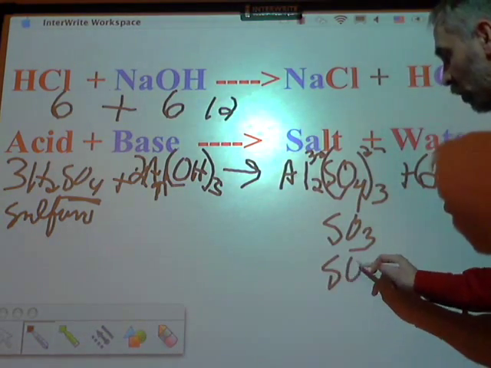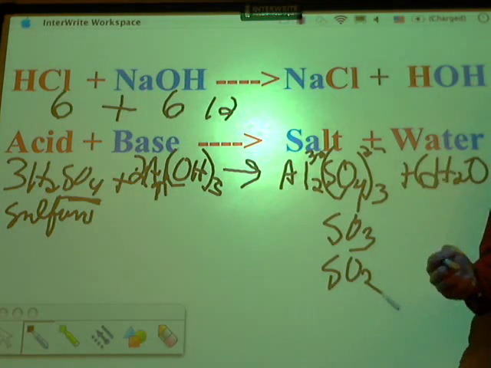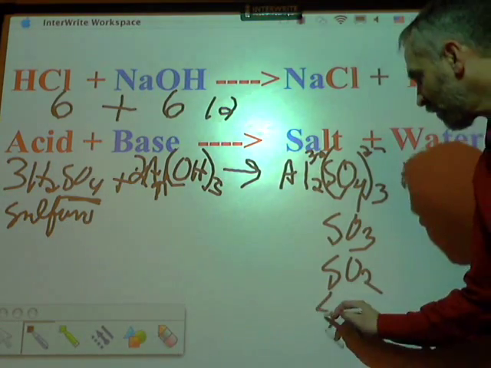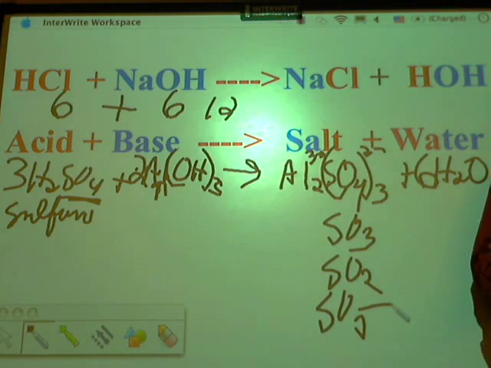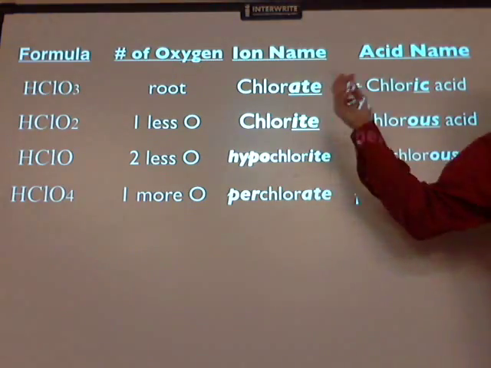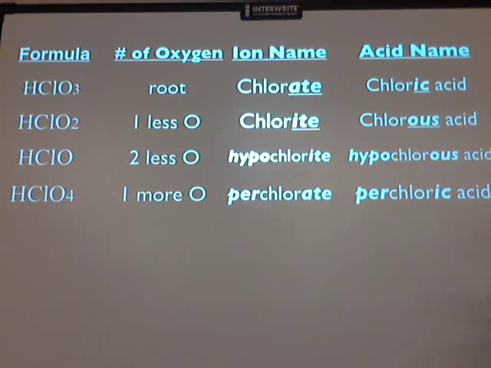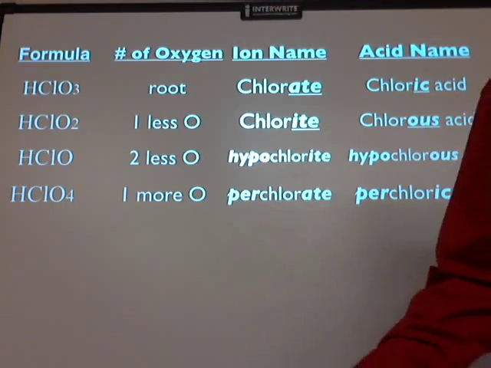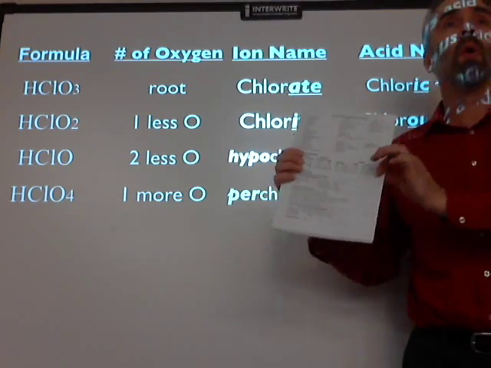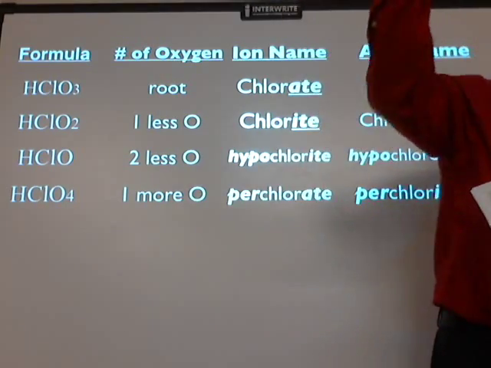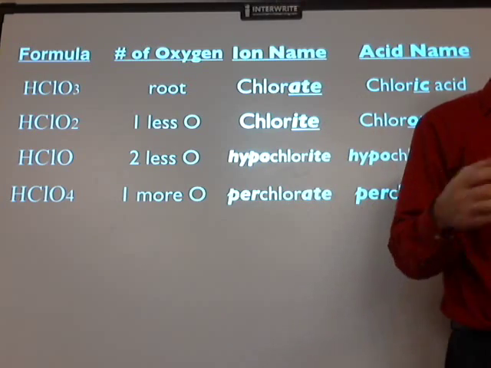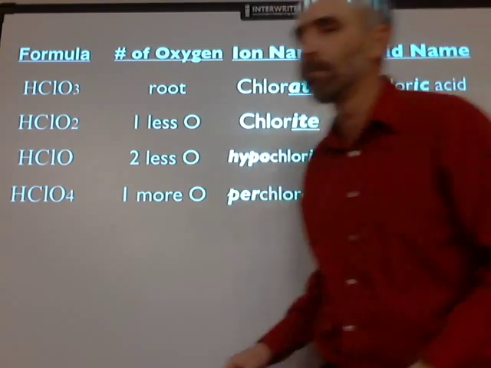If it was SO2, it would be hyposulfite. If it was SO5, it would be per, not hyper, just per. So you notice where I'm going with this. We got to know that. Don't copy it down. I wrote it down for you on this paper. You're going to need that to be able to answer 50 and 52, which are also on this test. Okay? Now, that's good enough.